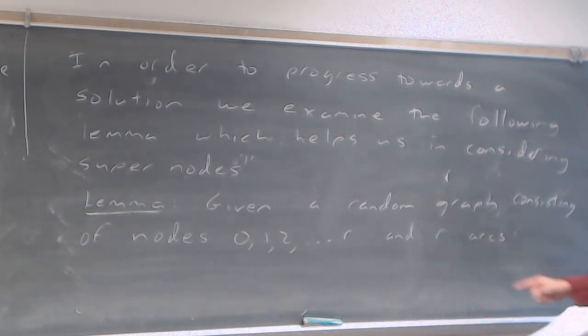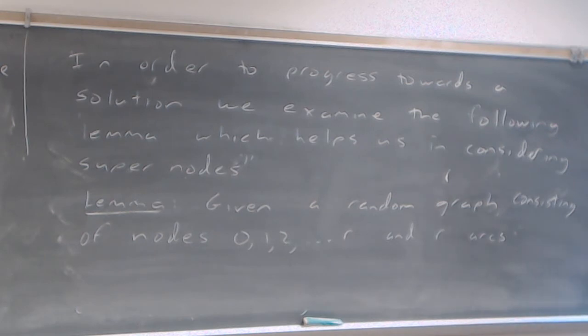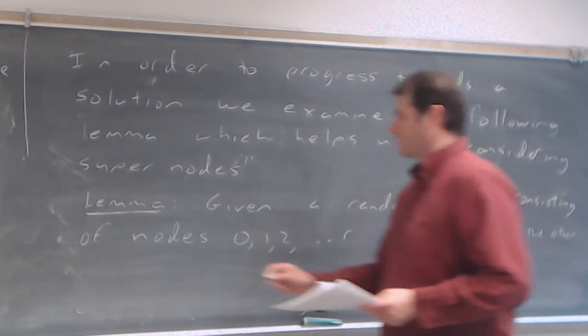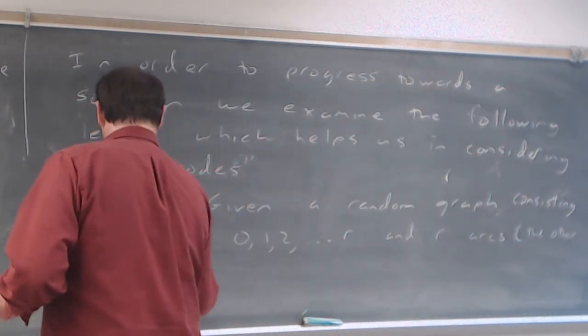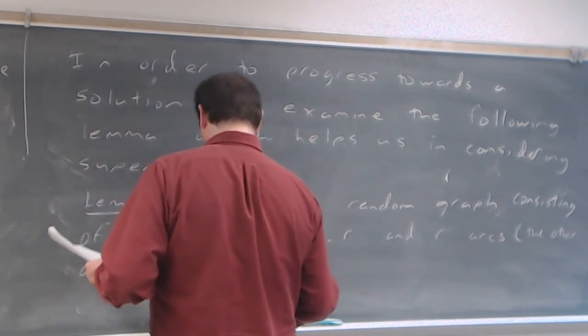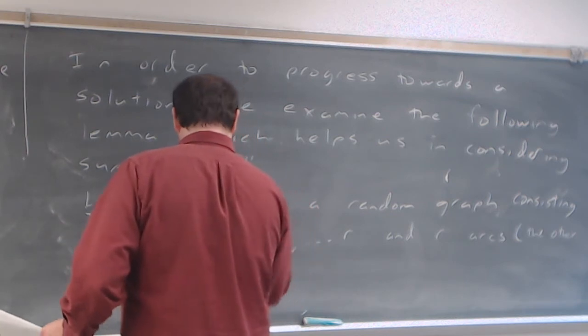Okay. It says there's a random graph, but here we have R plus 1 nodes, if you will. And when I said you have to have the same number of arcs as you have nodes, so in parentheses I'll say the other arc is the 0 goes to 0, that's a self-loop. Okay. So that's a parenthetical expression.